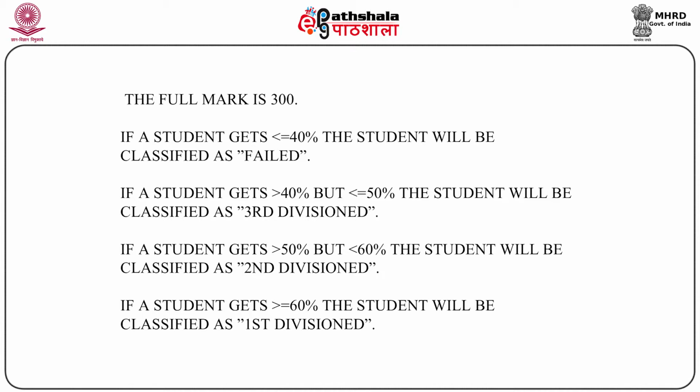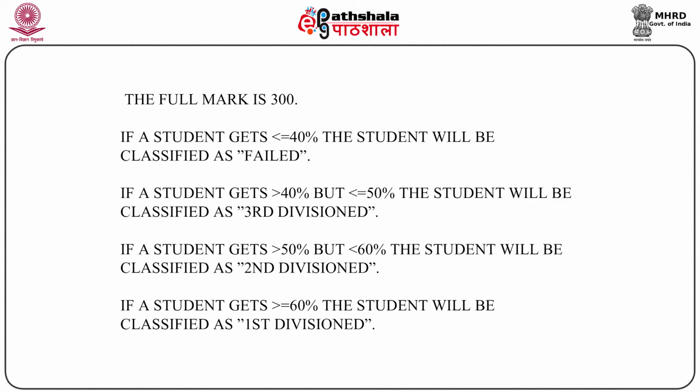The total marks is 300. If a student gets less than or equal to 40% marks, the student will be classified as failed. Again, if a student gets more than 40% but less than or equal to 50%, the student will be classified as third division.